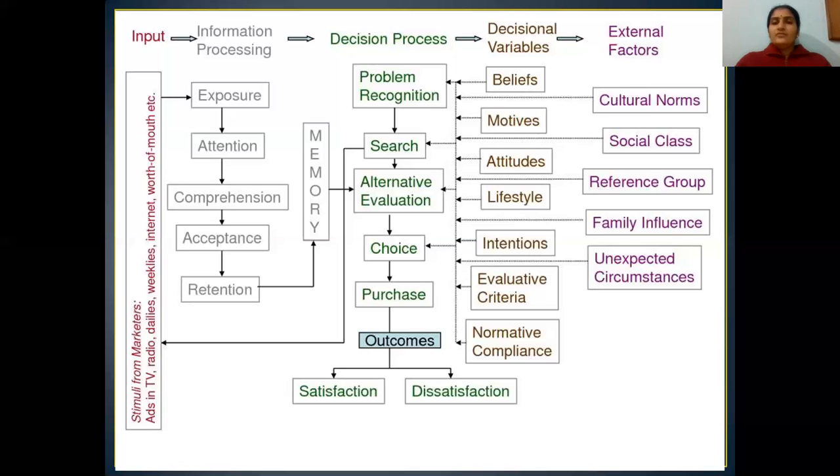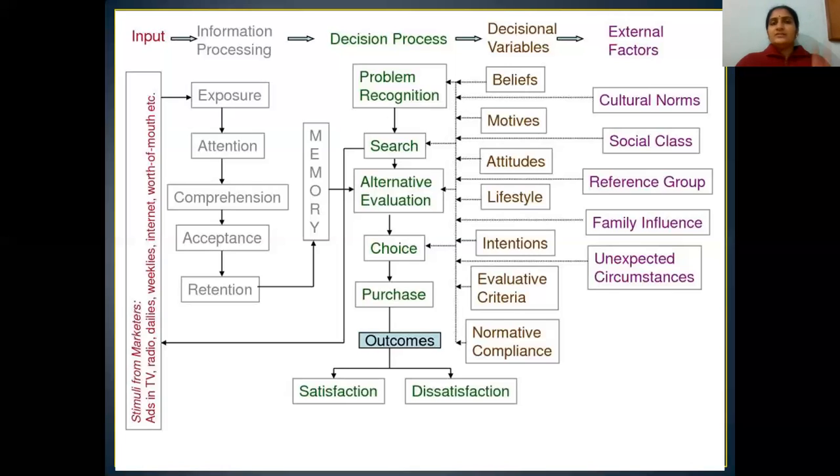They also influence our decision process. So altogether, all these decisional variables and the external factors will influence our decision process. Then this five-step decision process would be followed by considering all these different variables.